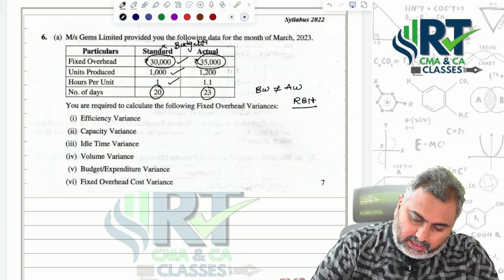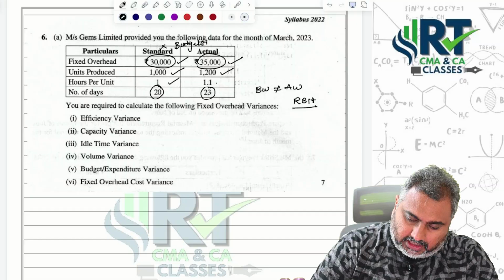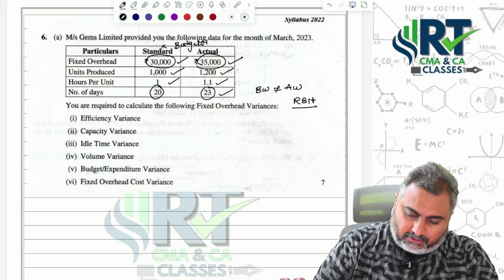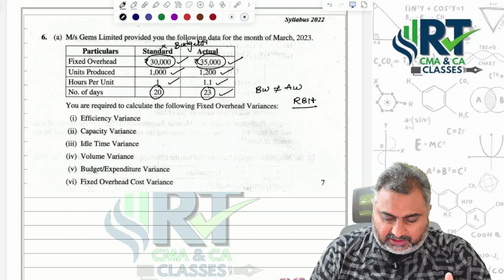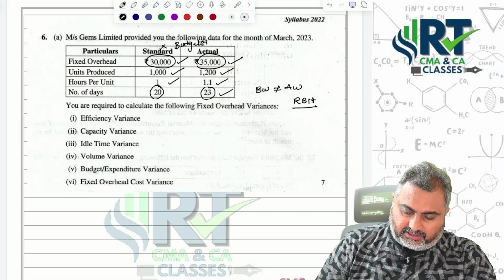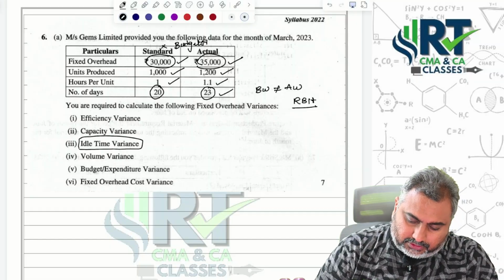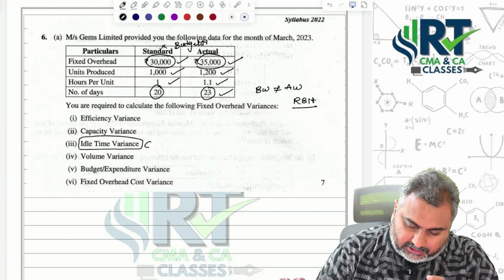Okay, sir. And actual AR and AH are given. Actual output is also given. Hours per unit also given. Number of working days. So they are asking to calculate efficiency, capacity, idle time variance, volume variance, expenditure variance, cost variance. But in the beginning I also used the word idle time; later on I changed it to calendar.